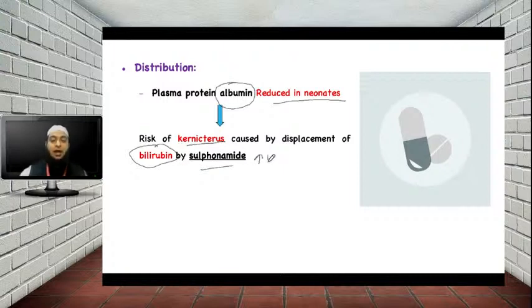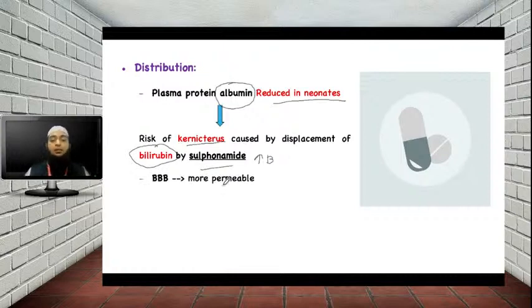Okay, and if the plasma concentration of bilirubin is increased, it is yellow in color, the baby's skin becomes yellow, and you call it jaundice. The baby might be suffering from jaundice. So this condition is called kernicterus. The reason is the reduced plasma protein, that is albumin. So this could be the issue due to the reduced plasma protein in the child.